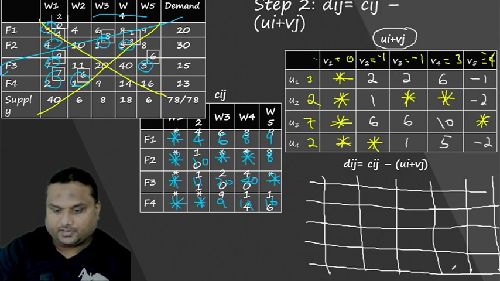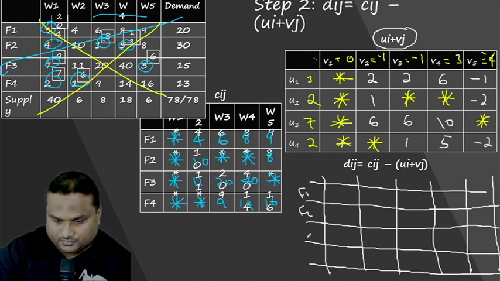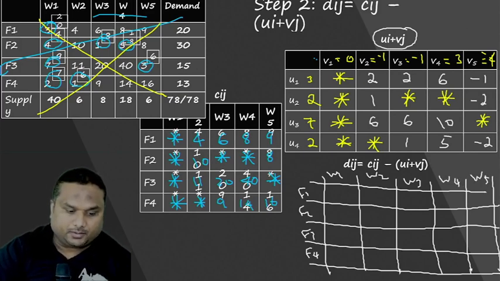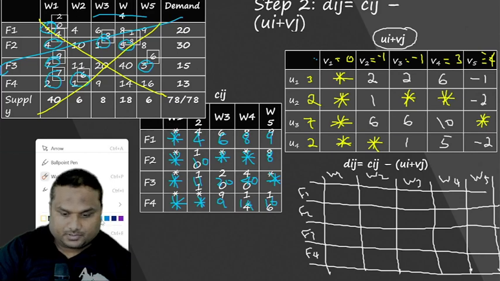This is our first row: F1, F2, F3, F4. This is W1, W2, W3, W4, W5.